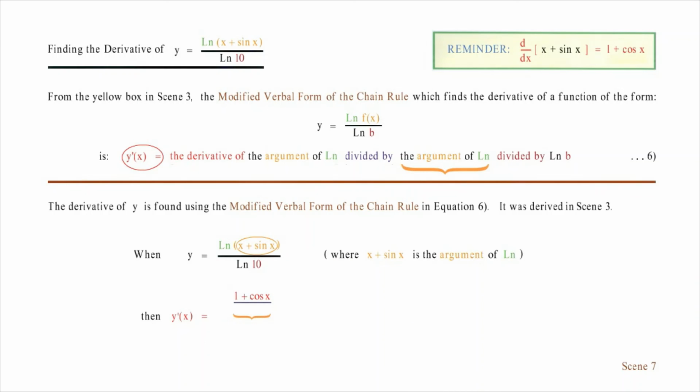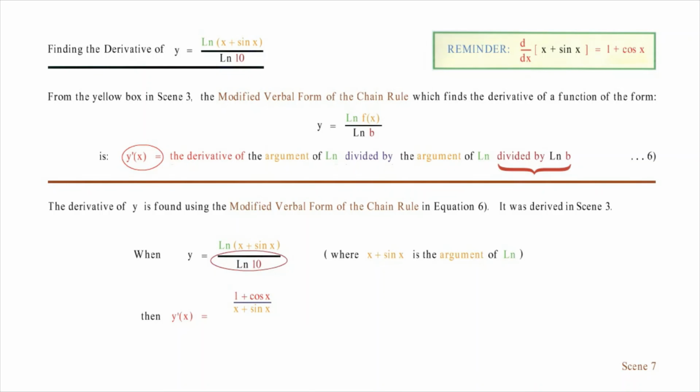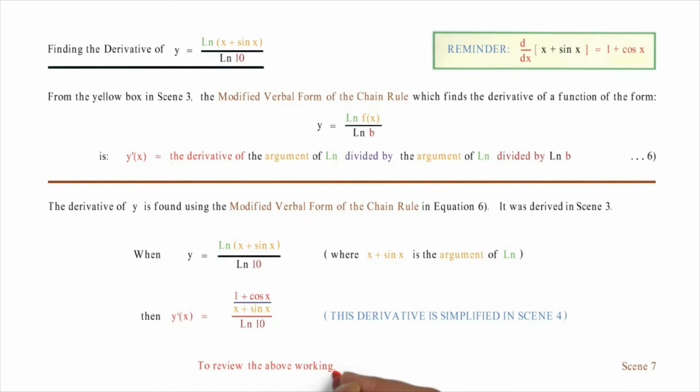So substitute x plus sine of x divided by ln of b, which is divided by ln of 10. To review the above working, you should pause this video now.